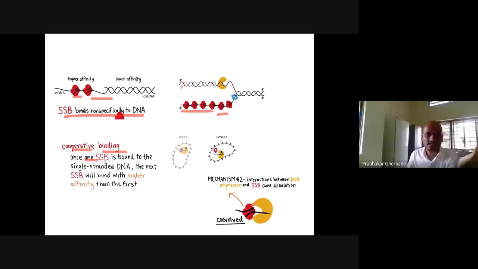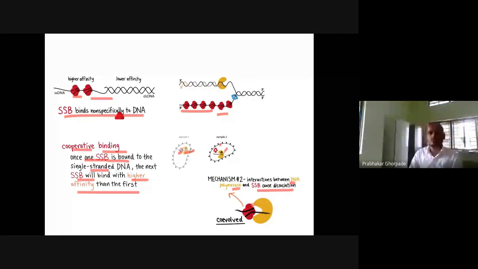Likewise, we have SSB bound to DNA, and now the next SSB binds with higher affinity than the first. So here also the helicase subunits, the DNA polymerase, or SSB may have the same origin. It is better at doing its job. So that is what we want.